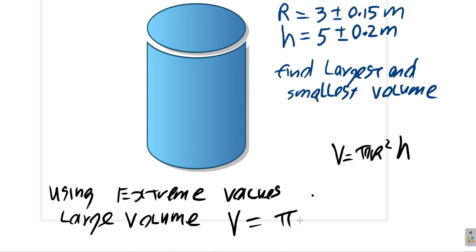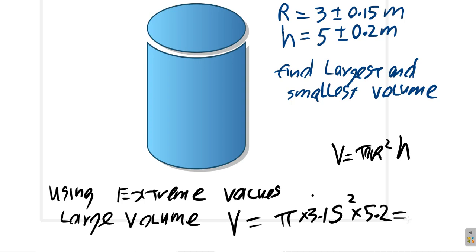The higher radius would be 3.15, that's 3 plus 0.15, squared, times the height. The higher height would be 5.2, which is 5 plus 0.2.